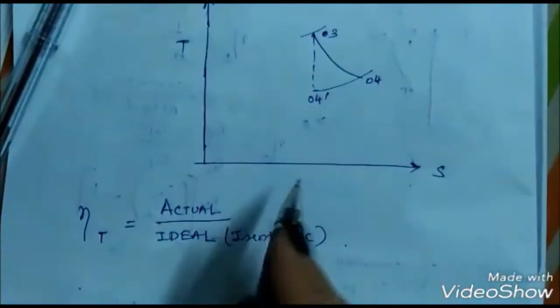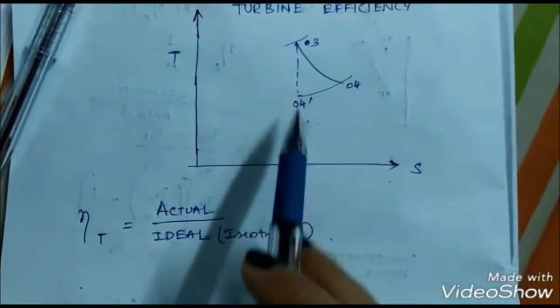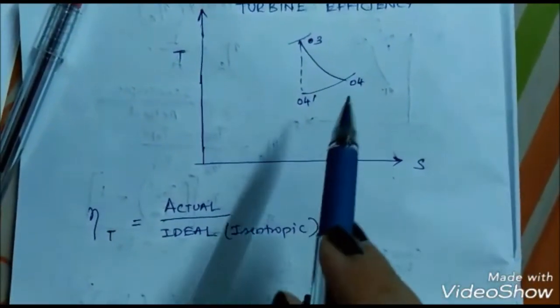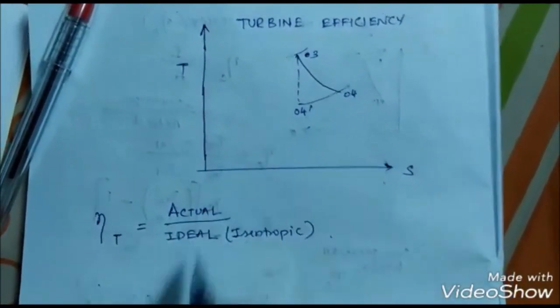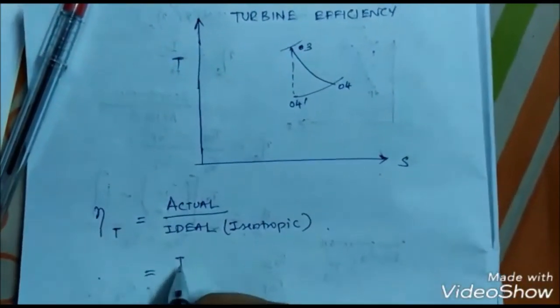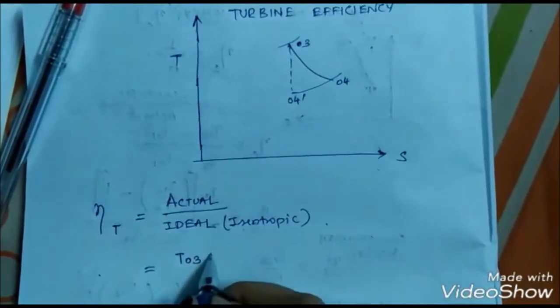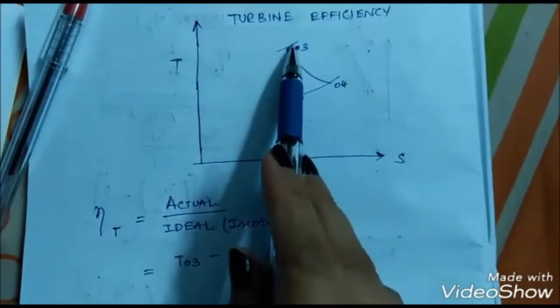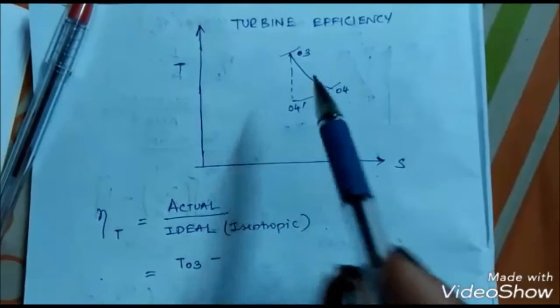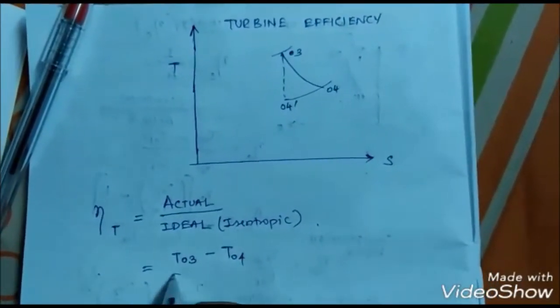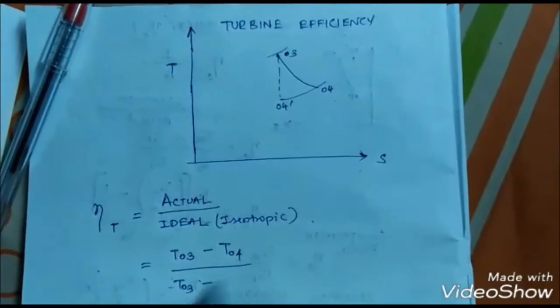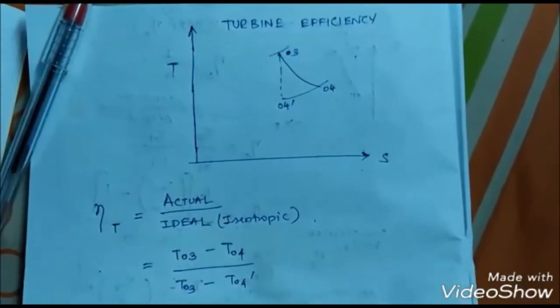So here also we are going to write a relation between the temperatures between these two points. So actual is T03 minus T04, because point 3 is higher compared to point 4, by T03 minus T04 dash.